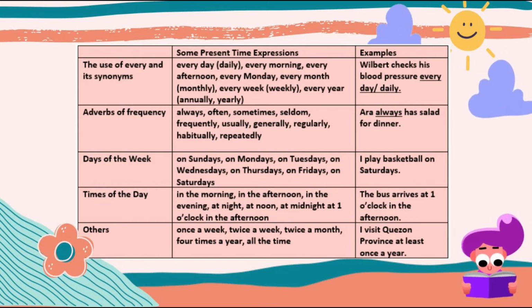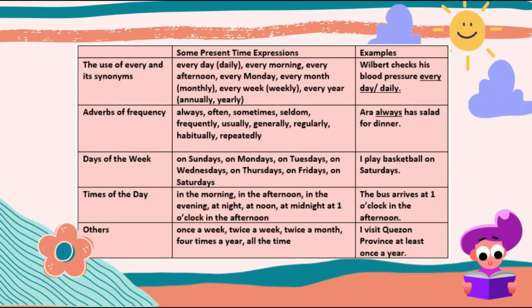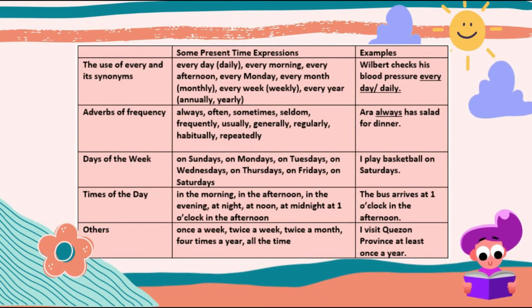Now let's have the times of the day. For the times of the day, of course, we have in the morning, in the afternoon, in the evening, at night, at noon, at midnight, at 1 o'clock in the afternoon. Do not forget, those are the times of the day. And here is an example. The bus arrives at 1 o'clock in the afternoon.